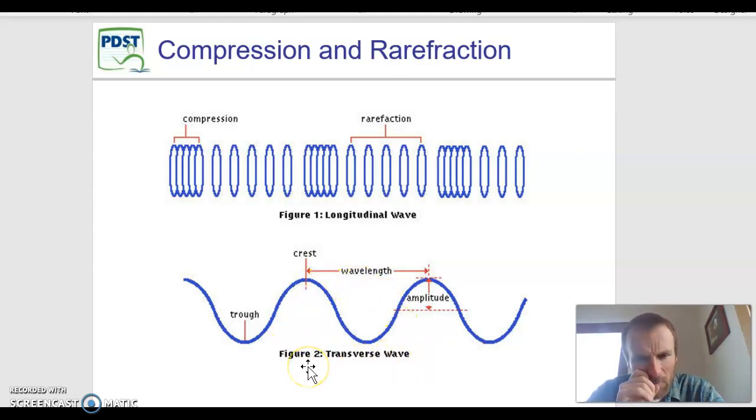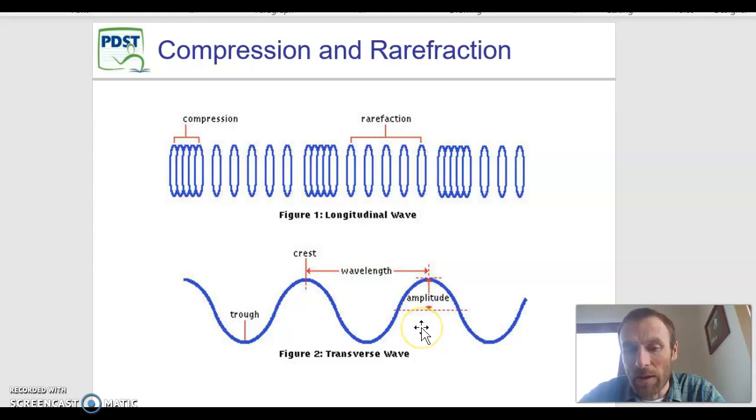This is called a transverse wave, where the amplitude is the vertical height from this midline, the point of equilibrium, perhaps. We draw a line that splits the wave like this, and we measure the height of the wave, and we call that the amplitude.